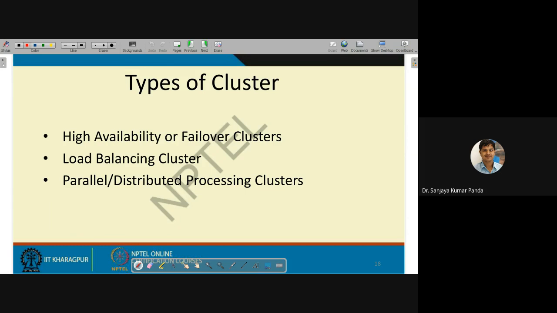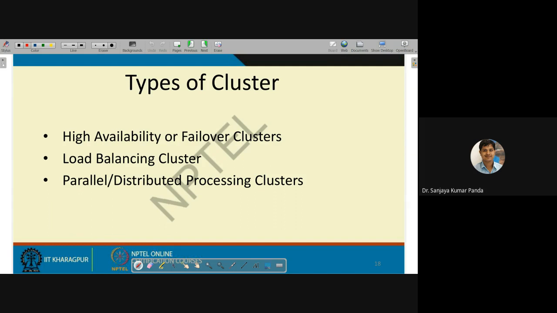Somebody is there 24 by 7 to execute a particular work, but he is not doing it. Then it is not providing you high performance. So high availability is not ensuring you high performance. But availability is a major constraint. If a system is available, then only you can utilize it, right?